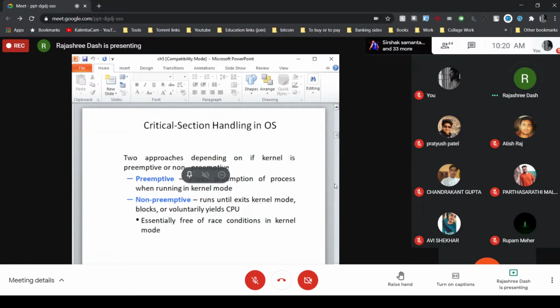So preemptive kernels need to be designed very carefully, otherwise they may face race conditions.